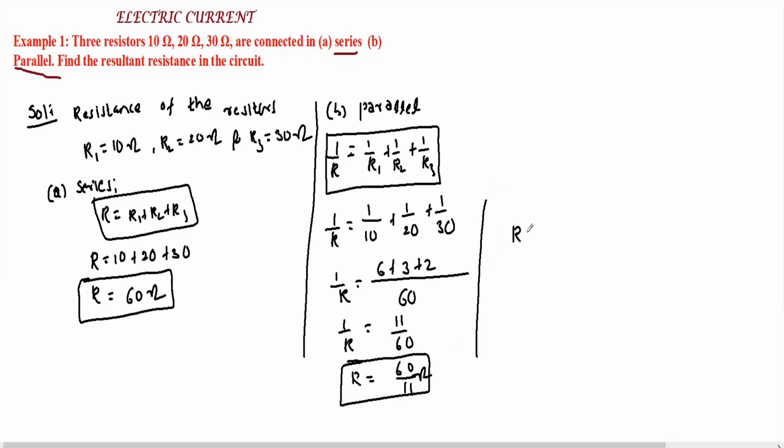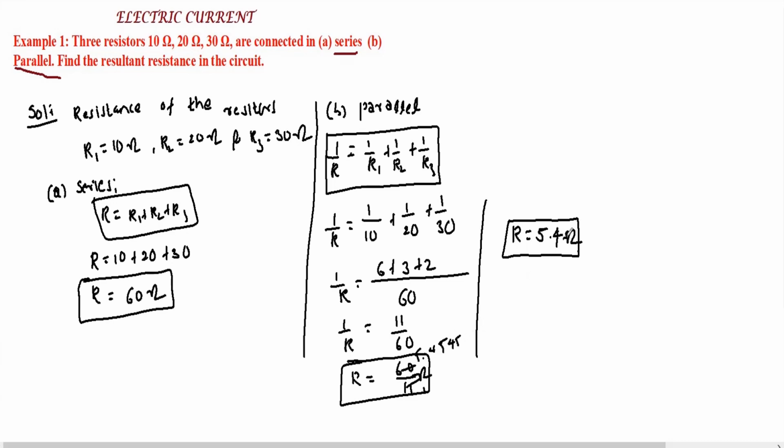If we find the division, R equals: 11 ones are 11, 11 5s are 55, 5 remains, again 50, 11 4s are 44, so R equals 5.4 approximately. If we continue, 6 remains, again 11 5s are 55, and it will be continuous: 5.454545.